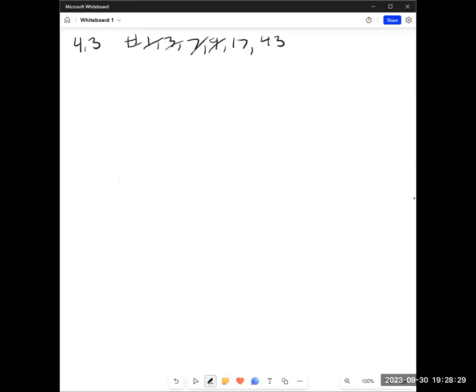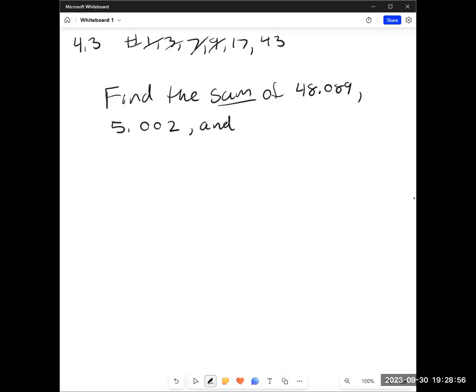So they tell me to find the sum, and sum means to add, of 48 and 89 thousandths, 5 and 2 thousandths, and 8 and 801 thousandths. So I'm going to line them up vertically.